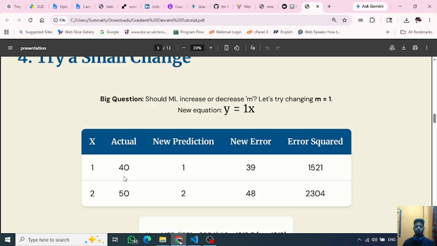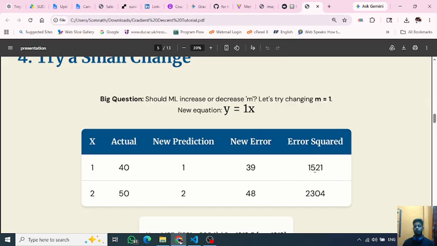For the study hours, the new prediction for 1 is 1, and for 2 it is 2. The new errors are 39 and 48, because actual minus new prediction is 40 minus 1 and 50 minus 2.